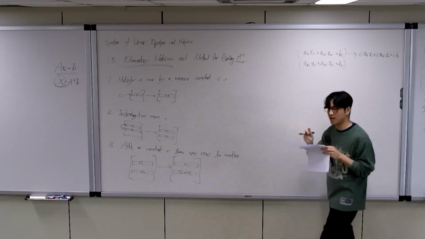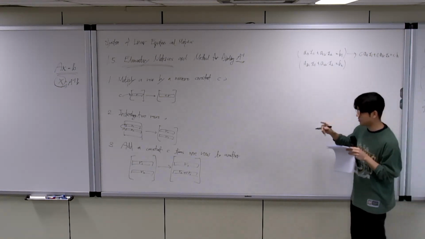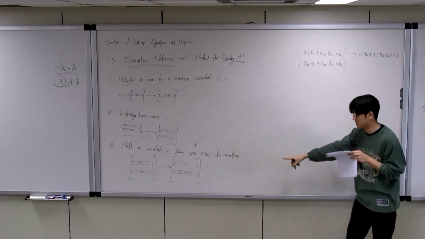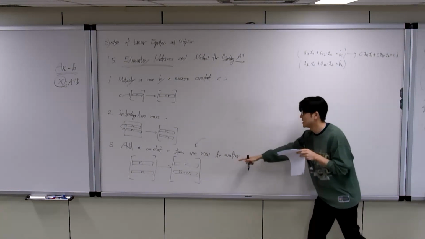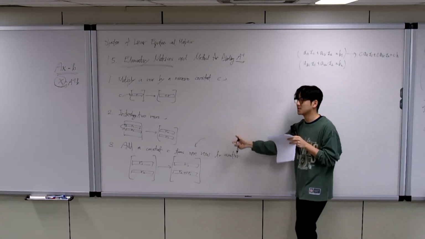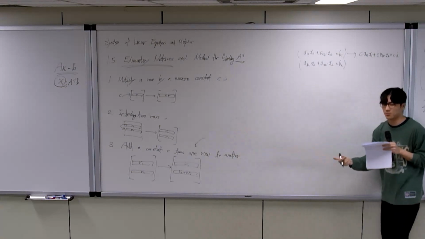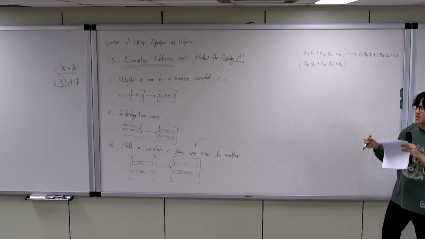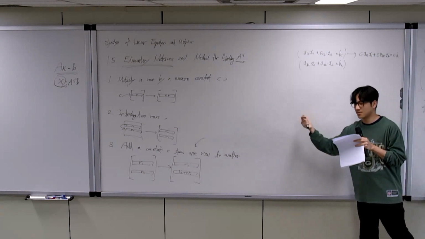So I wanted to explain the third operation, because it is just row operation. Row operation and column operation means another linear system.